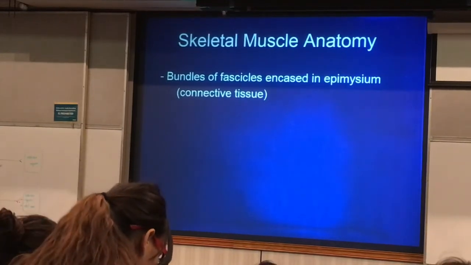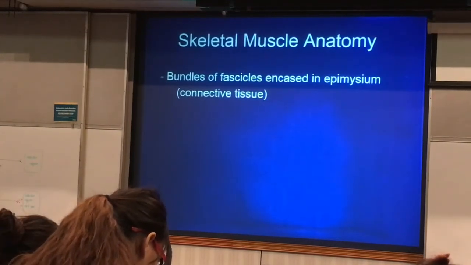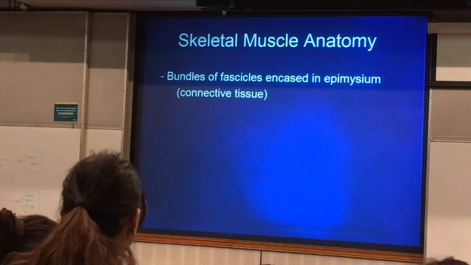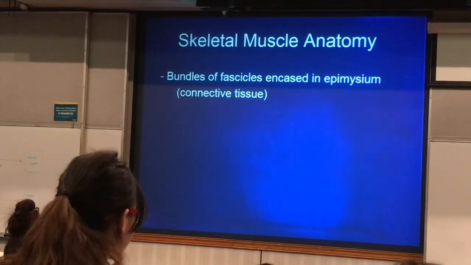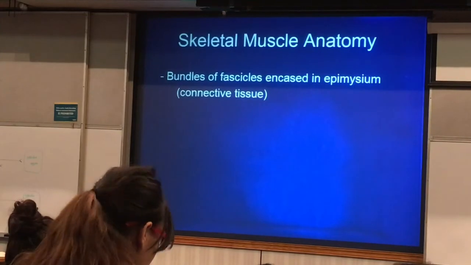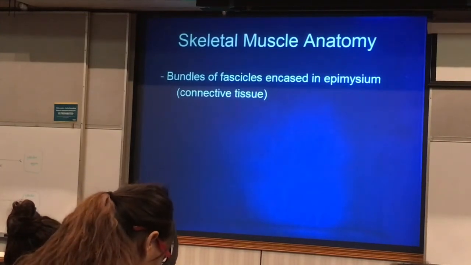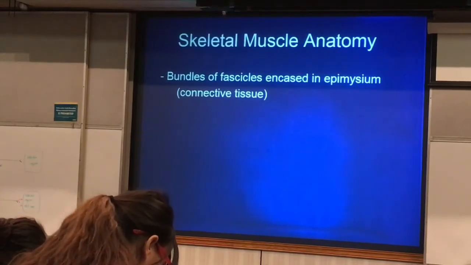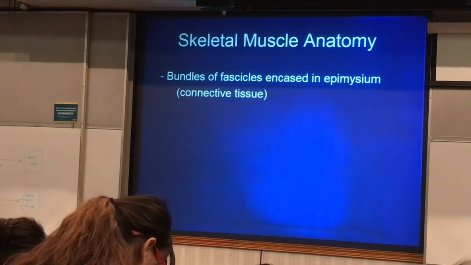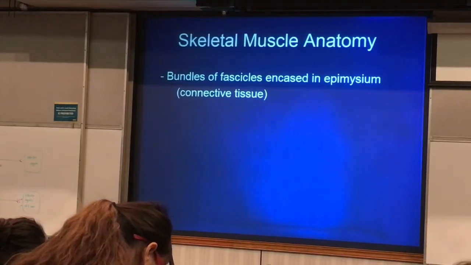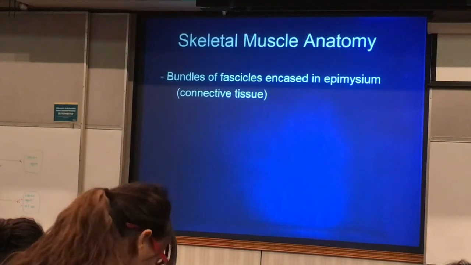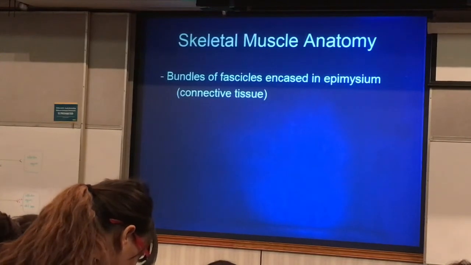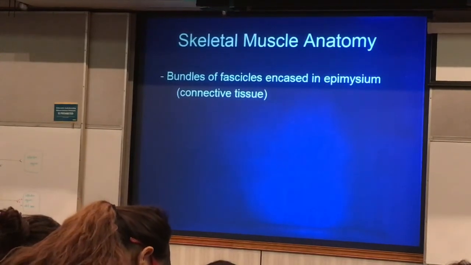So this connective tissue is wrapping around all of these fascicles together. What is this connective tissue going to be called? Epimysium. Okay, so your muscle is surrounded by epimysium because it is made up of a bunch of fascicles that are held together by epimysium.